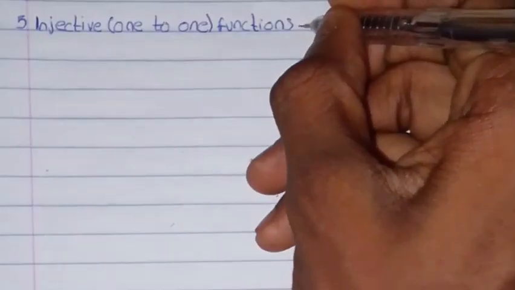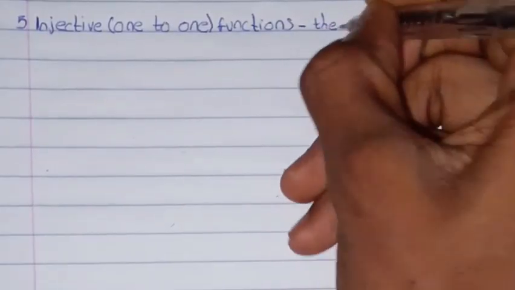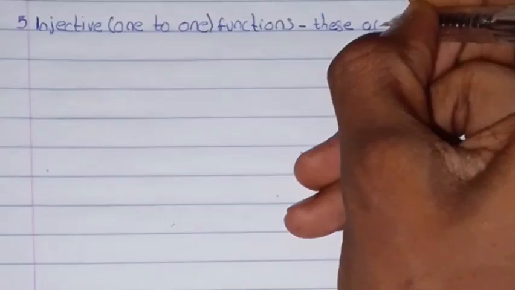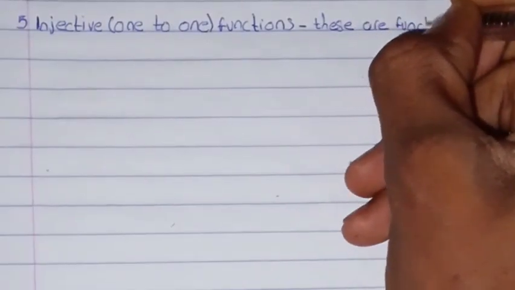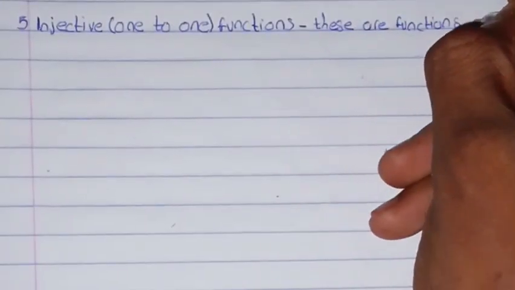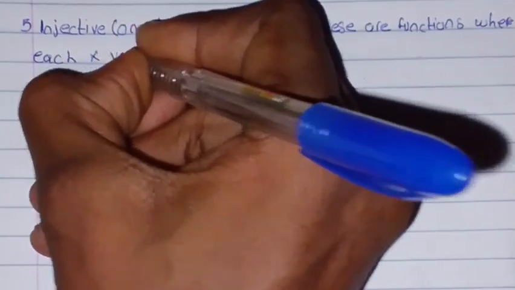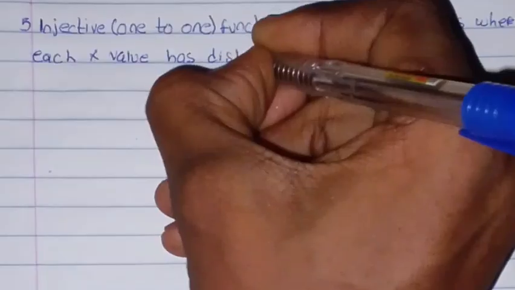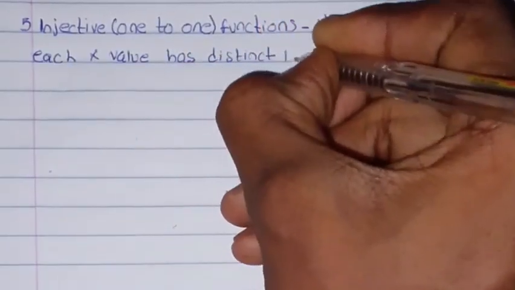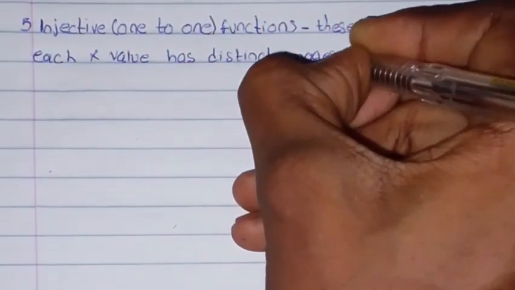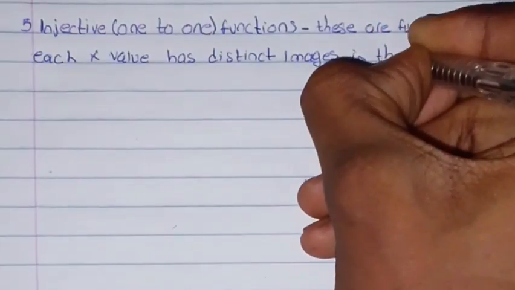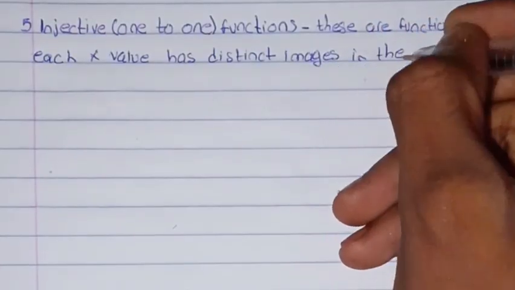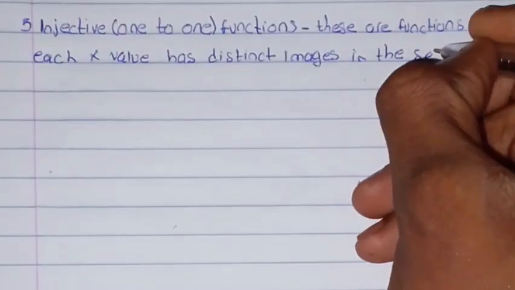Now, injective functions are functions where each x value, that's each value of the set x, has distinct images in the set y. What it simply means is that each value of the domain has one and only one assigned value of the codomain. So it has distinct images in the set y.